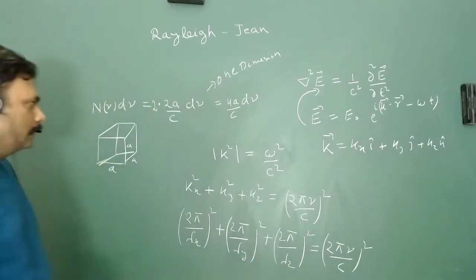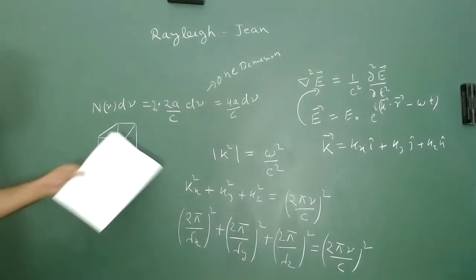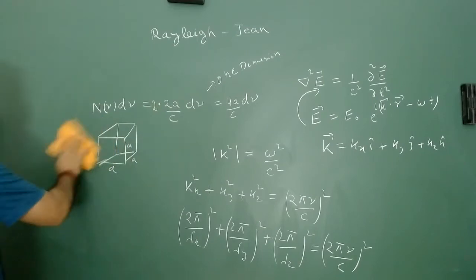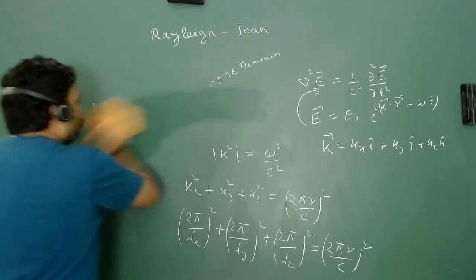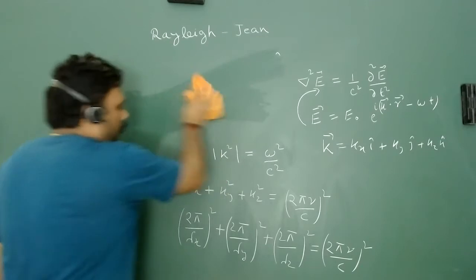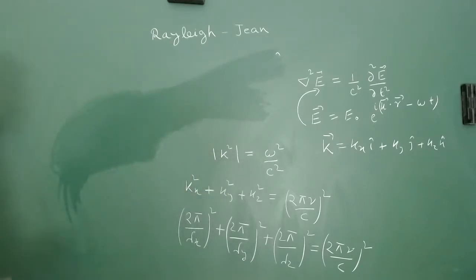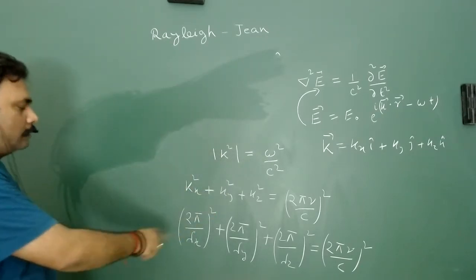So the 2 pi square can be cancelled out. I am removing this part so that we can use the space for the calculation.